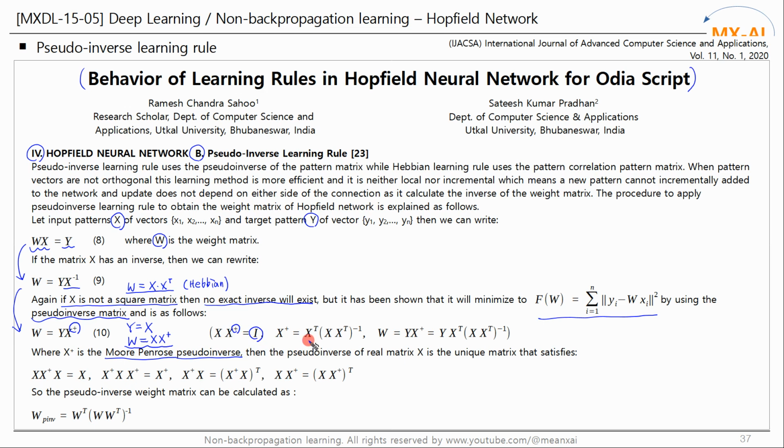If the right pseudo-inverse of X is like this, then XX plus becomes the identity matrix, so we can write W as follows. And the pseudo-inverse of real matrix X is the unique matrix that satisfies the following. The pseudo-inverse weight matrix can also be calculated as follows.